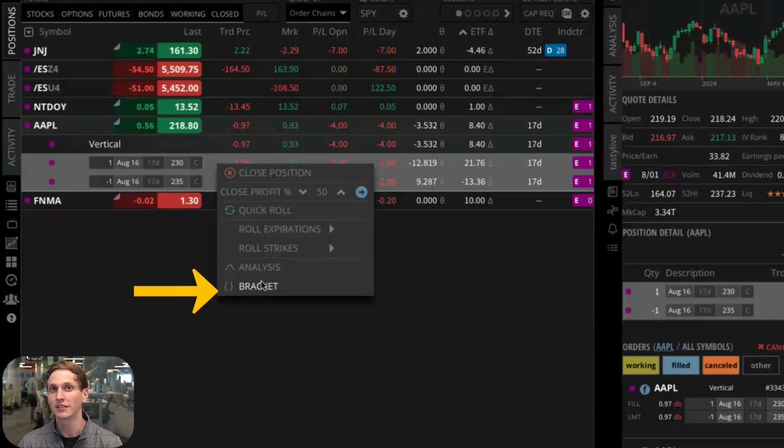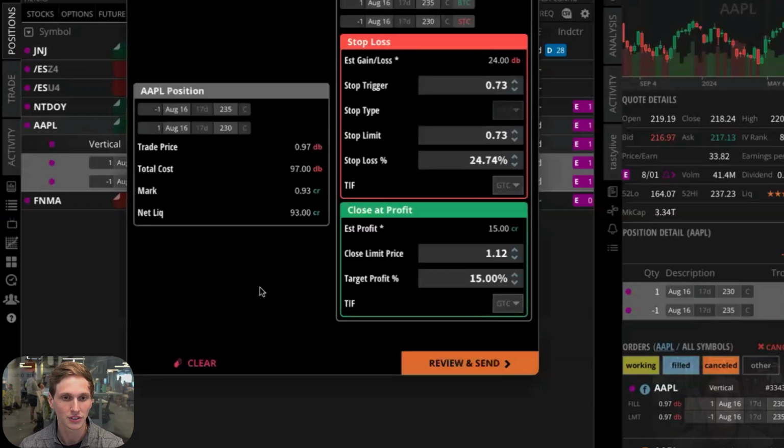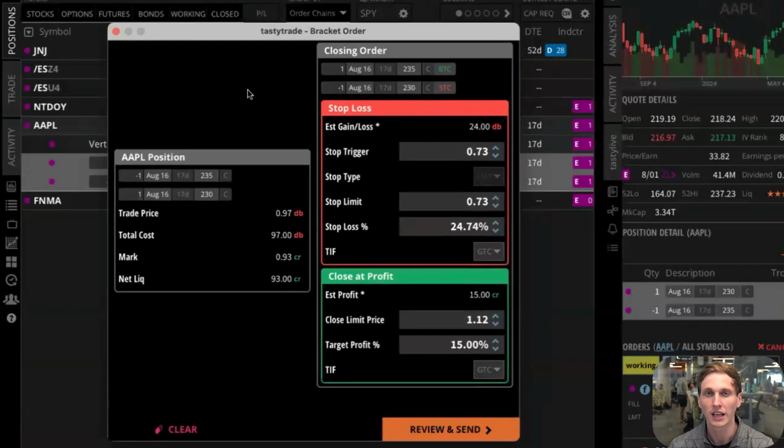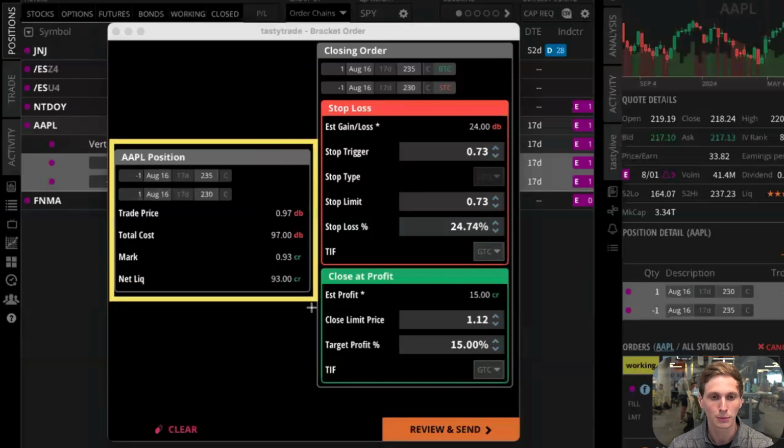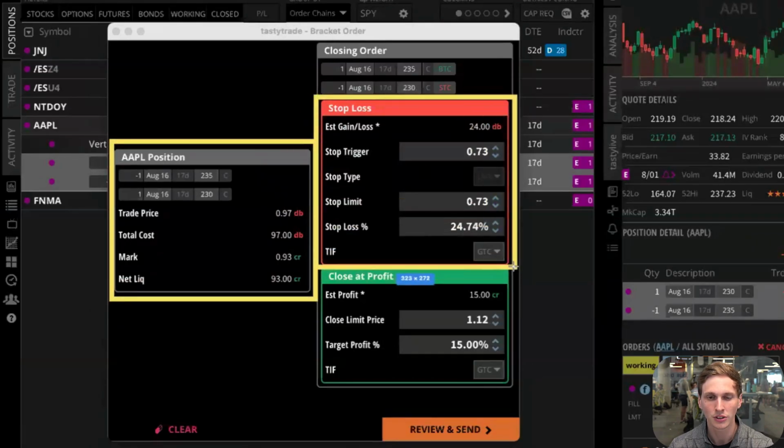So say we place a bracket order and our take profit gets hit, it's going to automatically cancel our stop loss since our position's closed. So we can click on bracket here in the positions tab, and we'll have a bracket order window. And we'll see our open position here on Apple. And then we'll also see our closing orders that we can set up.